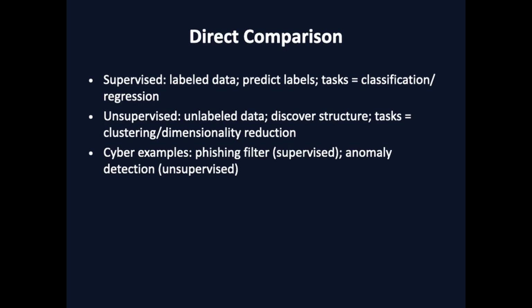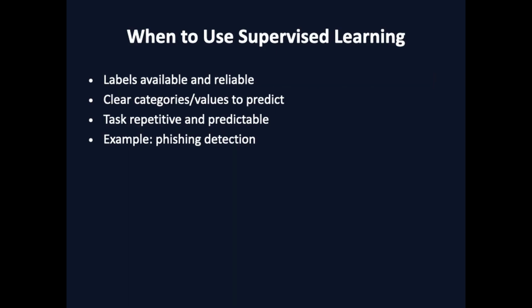That's not always the case. We can use either a little bit interchangeably. It depends on exactly what it is that you're trying to work with. But we might use supervised learning when we have labels that are available and reliable, when we have clear categories and values to predict, and we have repetitive and predictable tasks related to that learning.